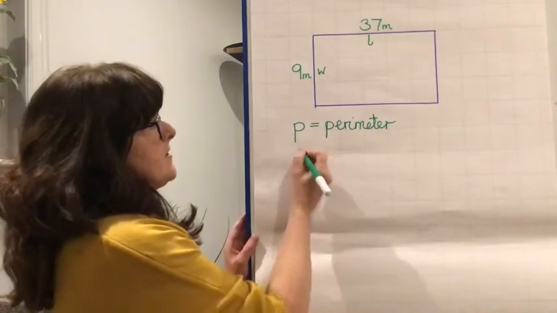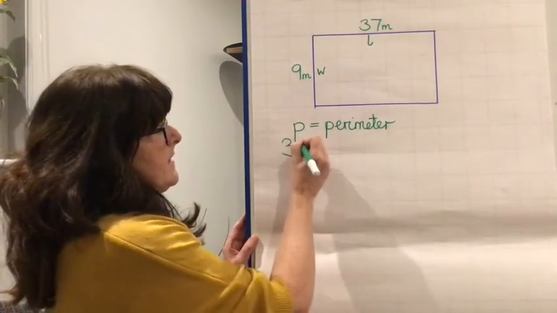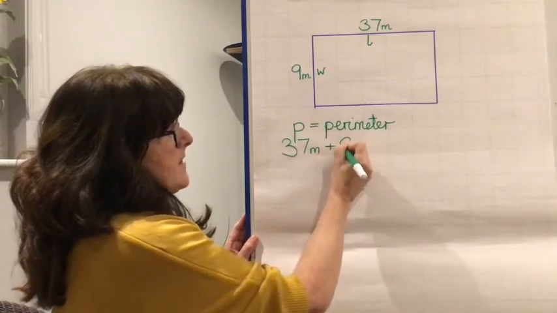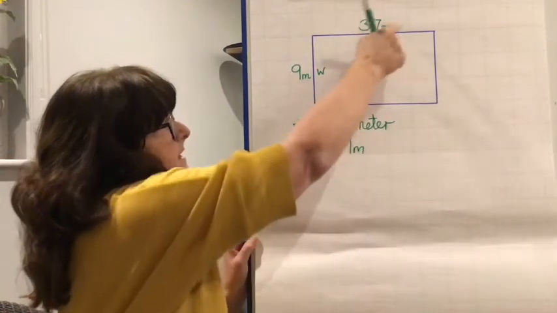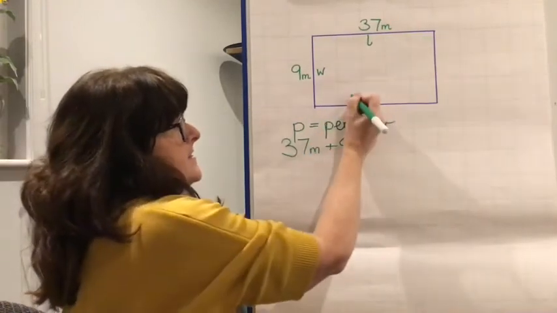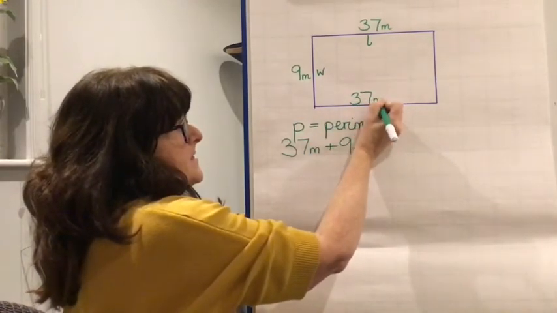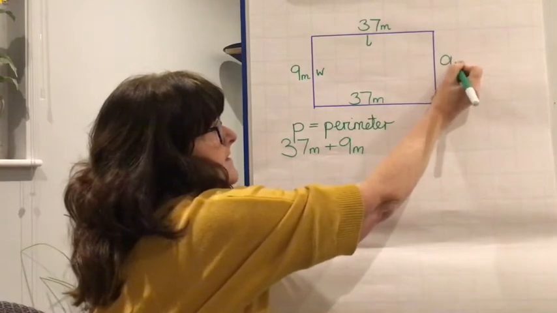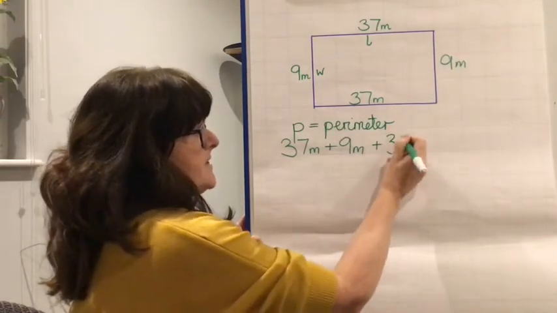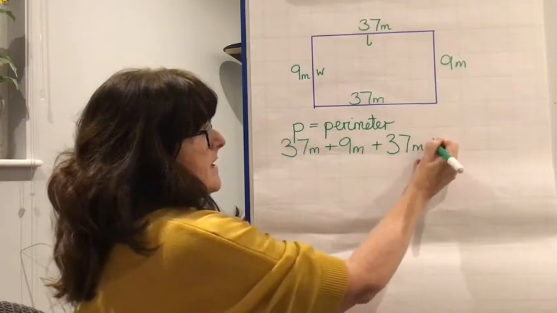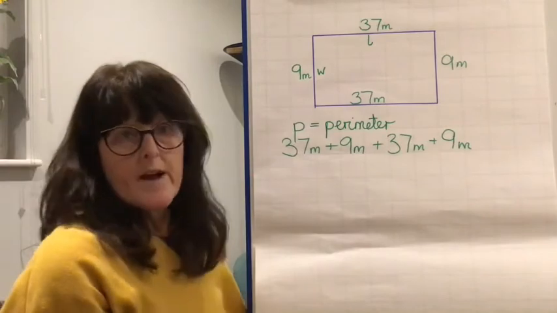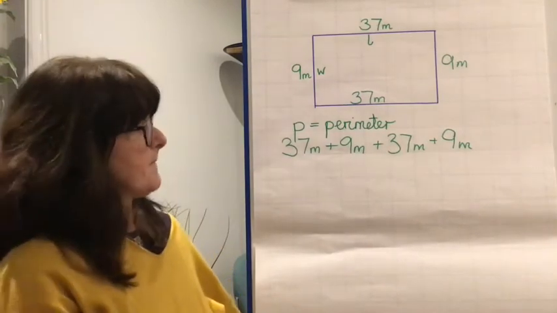I could add 37 metres to 9 metres, which would be 37 and 9. If that length is 37, this length must be 37 and this length must be 9. So I need to add another 37 metres and another 9 metres. That would be one way of finding out the perimeter.